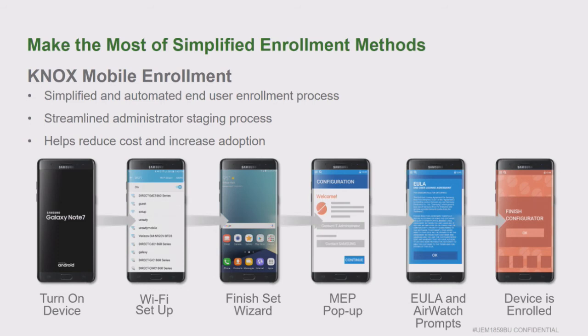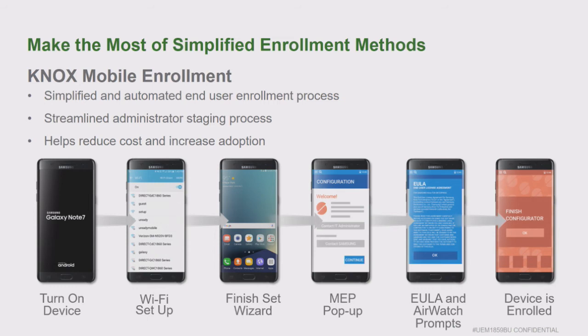So it streamlines that staging process because you're making a connection between the Knox management service and AirWatch, and it also makes the process easier from a user perspective. Once you've set up the integration from the AirWatch console, the user turns on the device, connects it to a Wi-Fi network, and goes through the onboarding wizard.